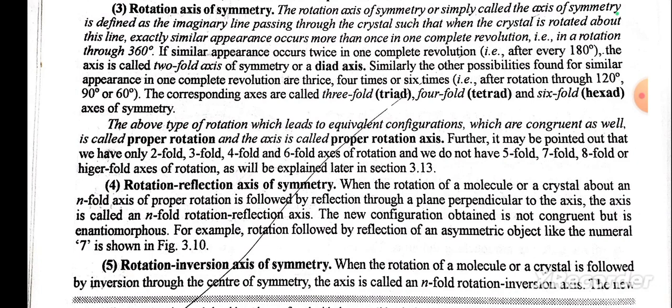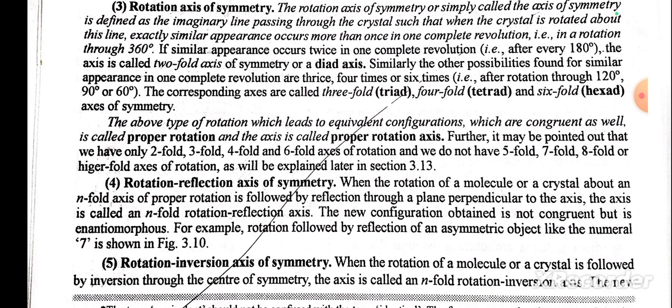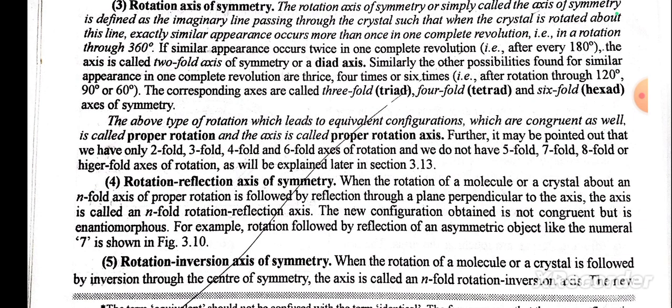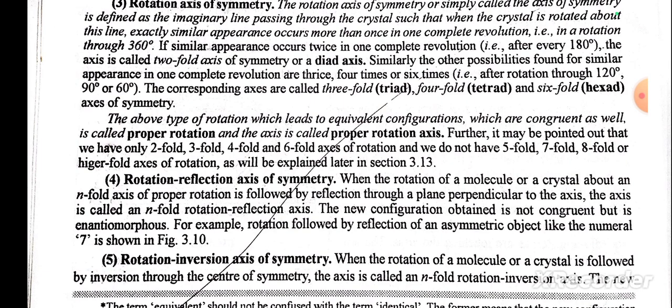Similarly, the other possibilities are that the appearance recurs three times, four times and six times in one complete revolution. The corresponding axes for these are three-fold, four-fold and six-fold axes of symmetry. The above type of rotation which leads to an equivalent configuration is called a proper rotation, and the axis is called a proper rotation axis.